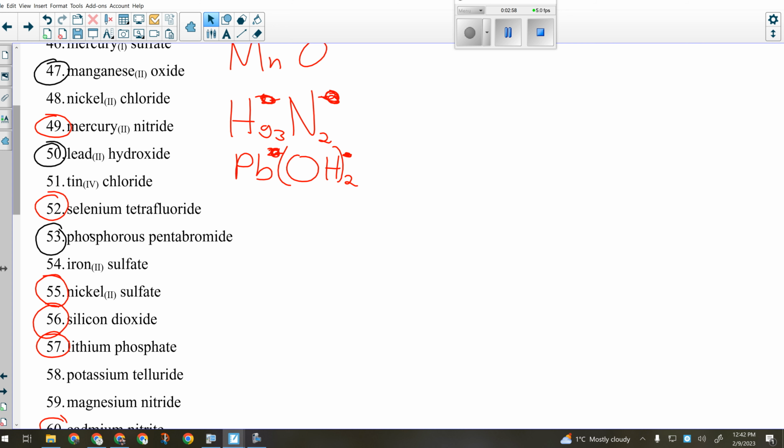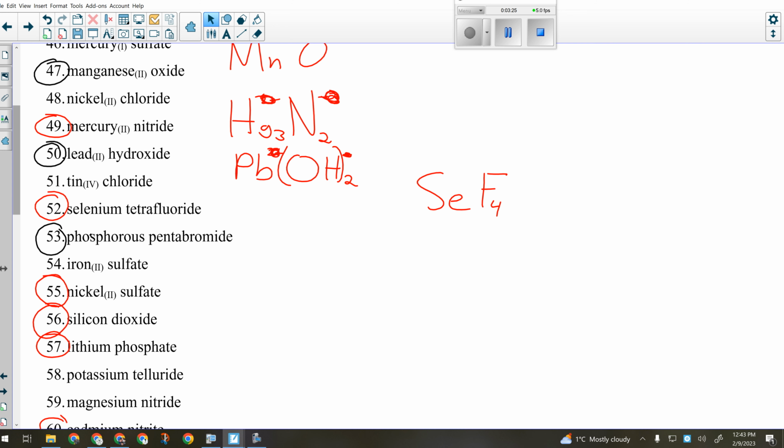Okay, and then for number 52, we got selenium tetrafluoride. That one is molecular because we got prefixes. So we got selenium, Se, with tetrafluoride. That's how many fluorides? 4. Okay, everybody all right with that one?